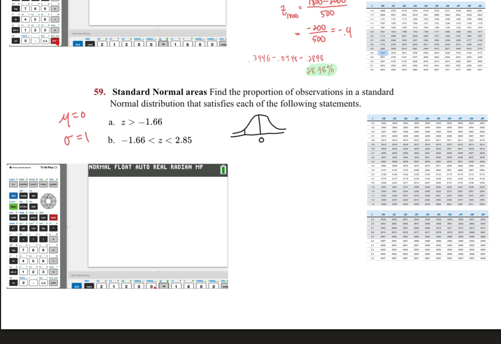And then we're looking at negative 1.66. And we want the percent that's greater. So we want all of this percent greater. Okay, so it should be pretty big. I don't know, maybe 80 or probably 90%, somewhere around there. So let's see once we go to the calculator.